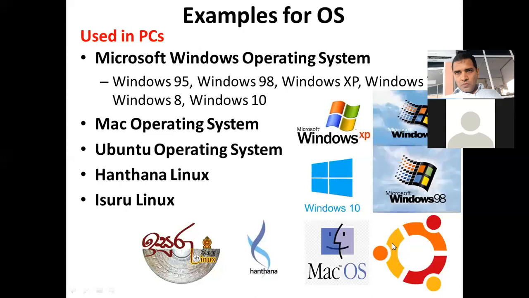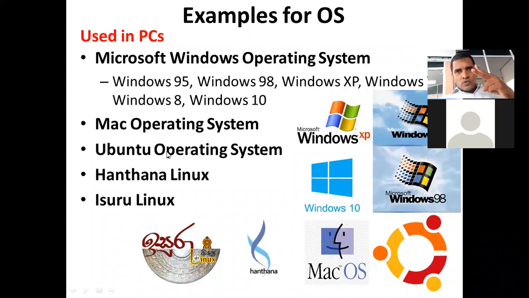Look here, this is the symbol you can see on the bottom right corner. So this is the logo of the Ubuntu operating system. I mentioned that Ubuntu is based on Linux. Maybe Linux is the origin, right?